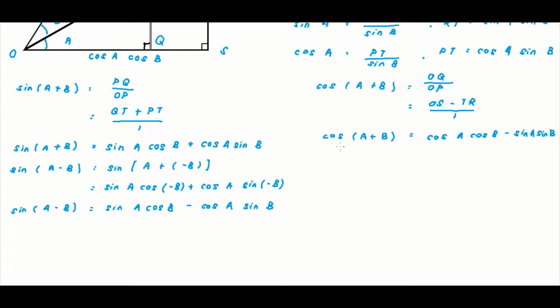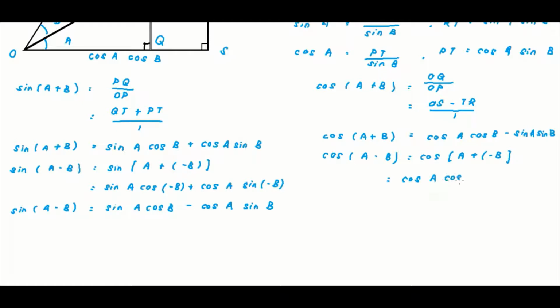Okay, now let's look at cos. So the same thing, cos A minus B will be equals to cos A plus a negative B. Okay, so this one you were getting equal to, so let's try to change all the B to be negative as well.